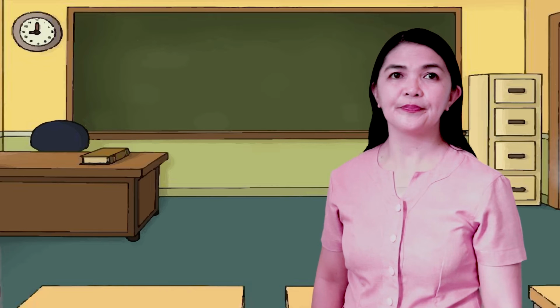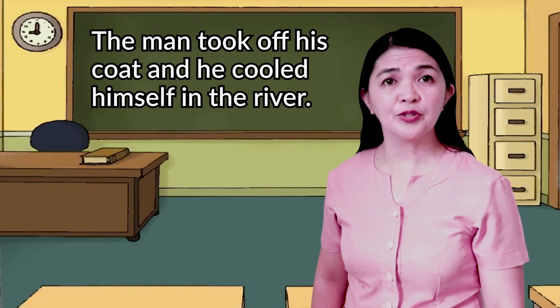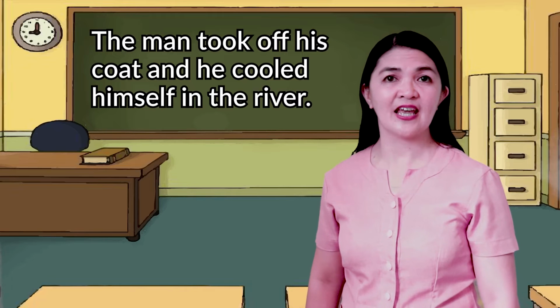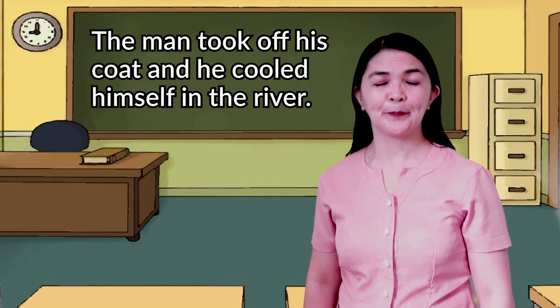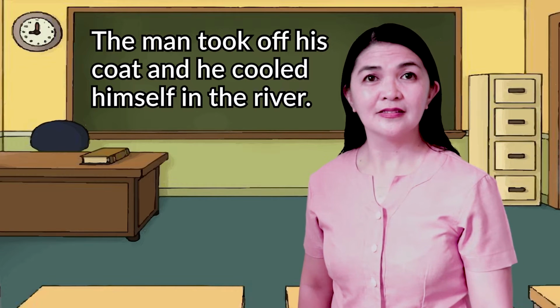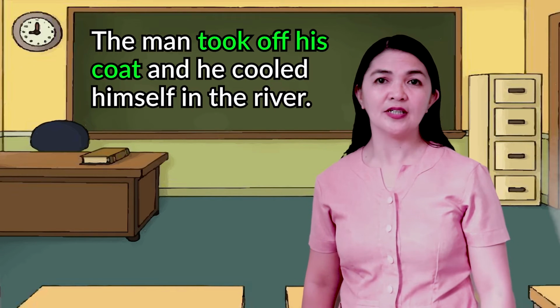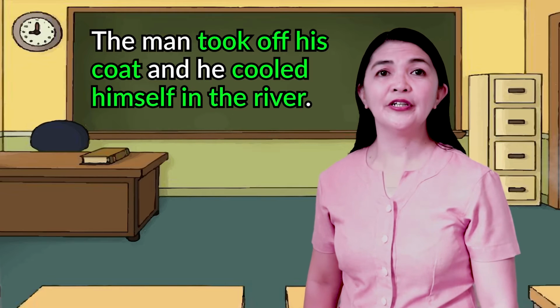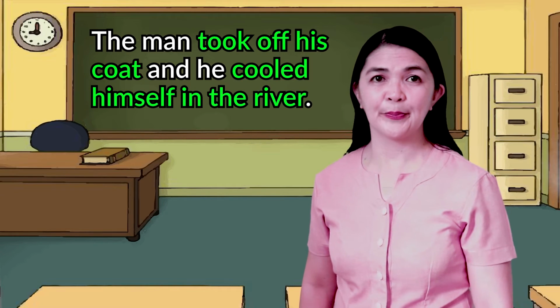Number 3, what are the two predicates of a compound sentence in: the man took off his coat and he cooled himself in the river? The predicates are took off his coat, cooled himself in the river.